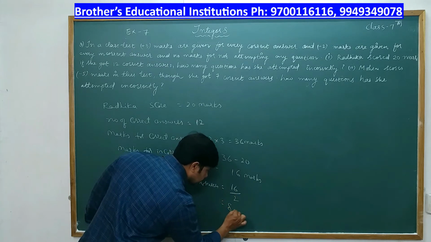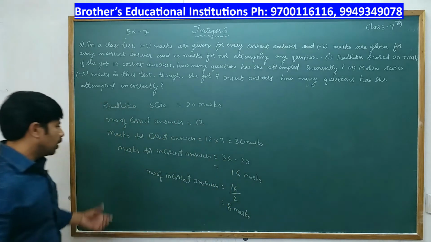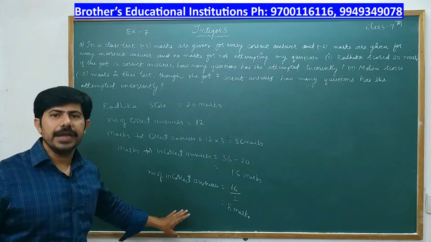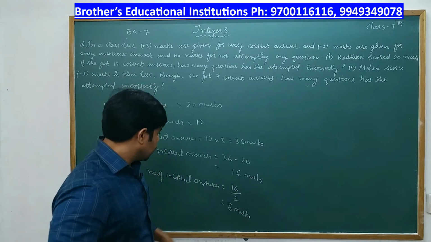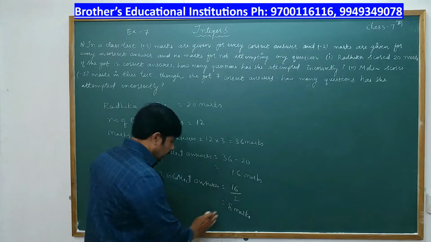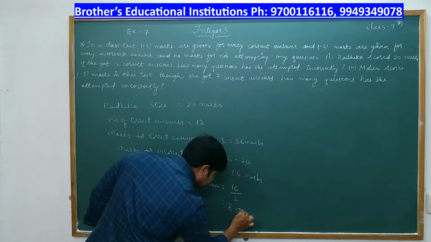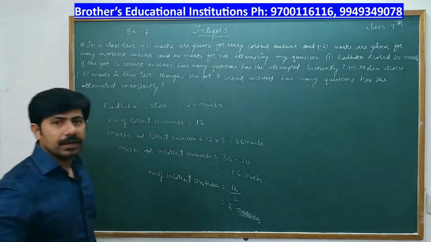So the answer is 8. So the number of incorrect answers for Radhika is how many? Here I wrote 8 marks. It is not 8 marks. It is 8 answers. So this is about Radhika.